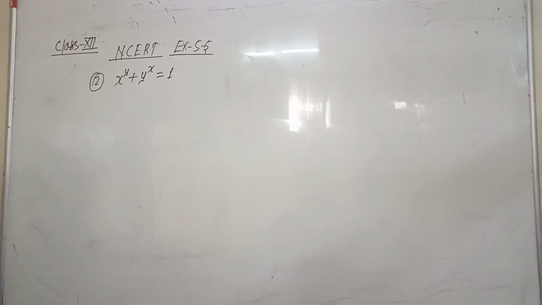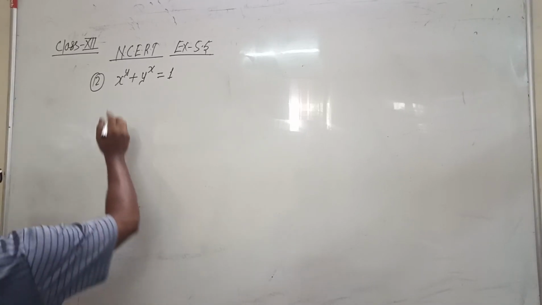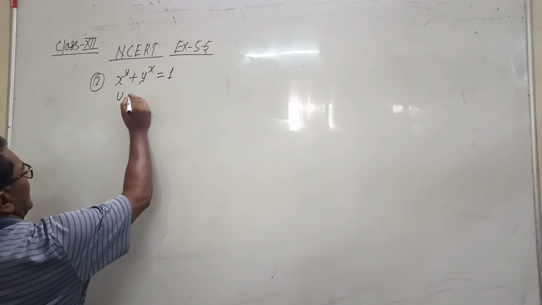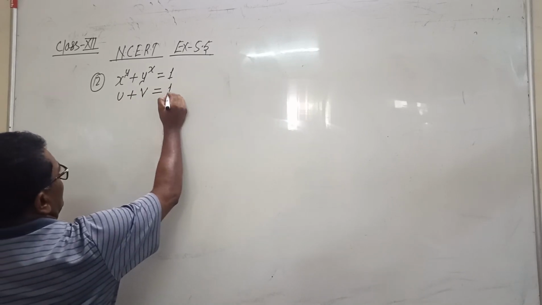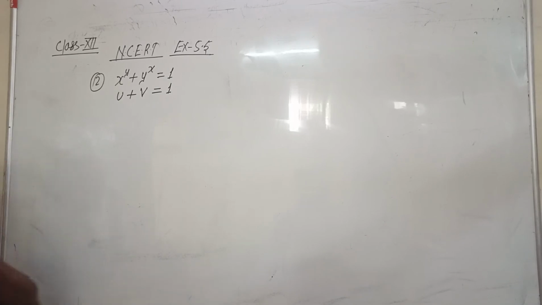And we have to find dy by dx. So we put x raised to the power y as u and y raised to the power x as v equals to 1, and differentiate both sides with respect to x.